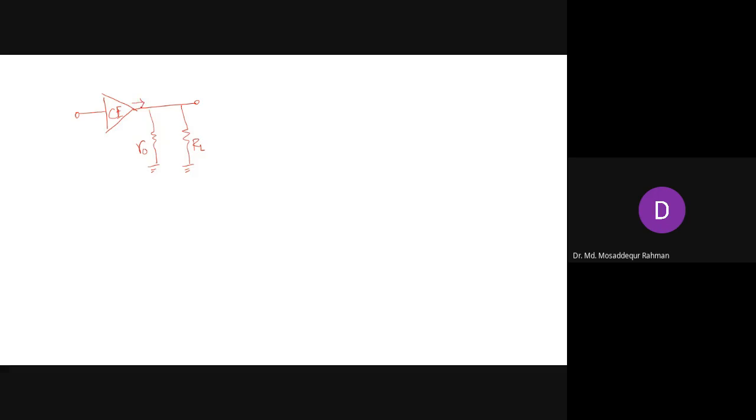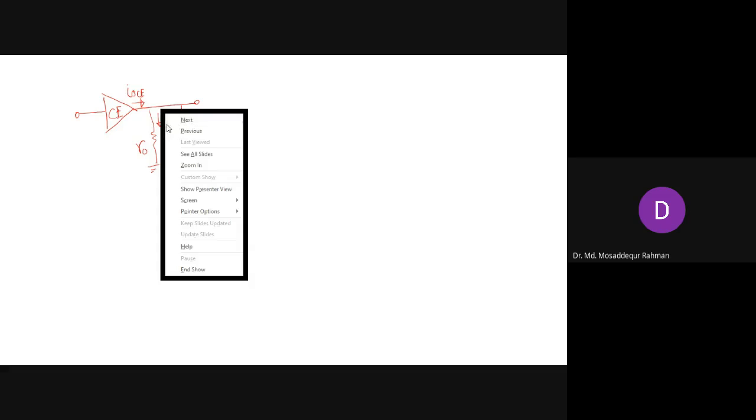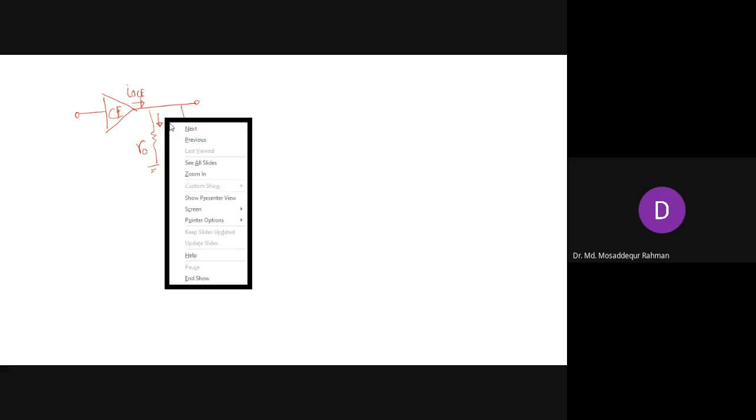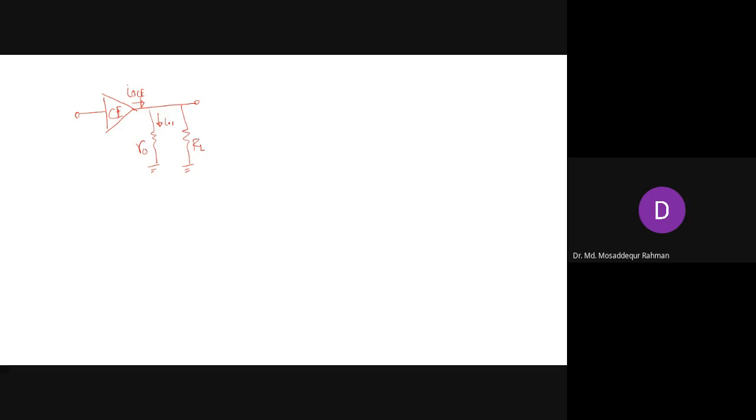Now here you have the output current of the common emitter, let's say this is I naught C. Now these two are basically in parallel, so part of this current will go into this R naught, let's call it I01, and then the part will go here, I02, right? And that is our output voltage, which will basically be I02 R L, right?